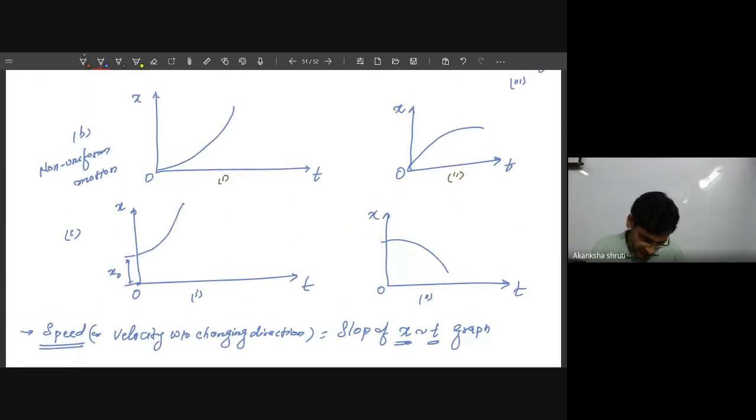We have also learned if the plot is like this one, say this is x and this is t, and the plot is a line parallel to the time axis, then in this case the speed is 0 because position is not changing while t is varying. Or even if it is a horizontal line over the time axis itself, then it is also an object not in motion.